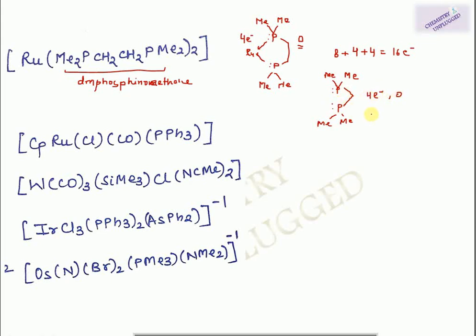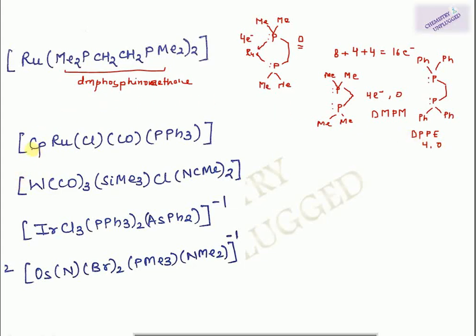You can write it also like dimethyl phosphinomethane, DMPM, or you can have a Ph group here also. So this will become diphenyl phosphinoethane. Its electron contribution is also 4 and the formal charge is 0.